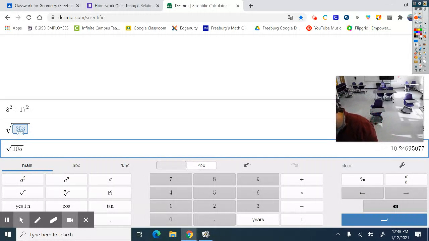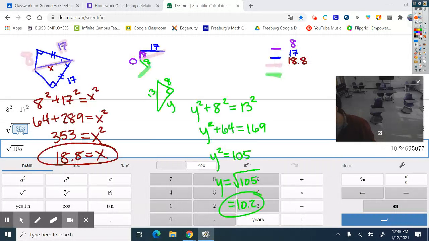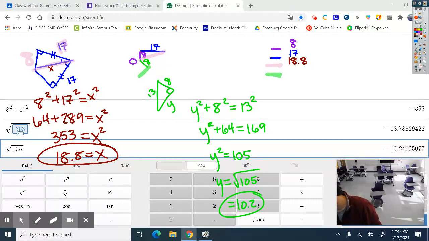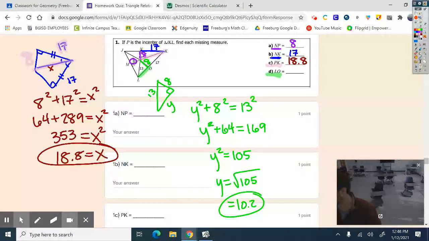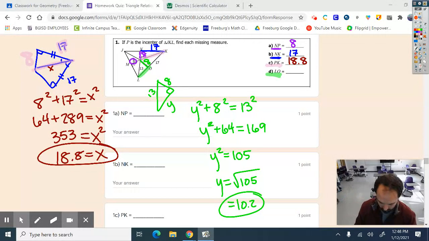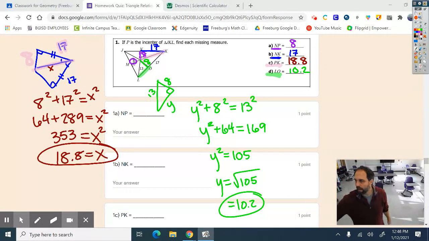Hey, 10.246957. I was pretty close. 10.2 is correct to the nearest tenth. Okay, so 10.2. Boom. All right. One more.